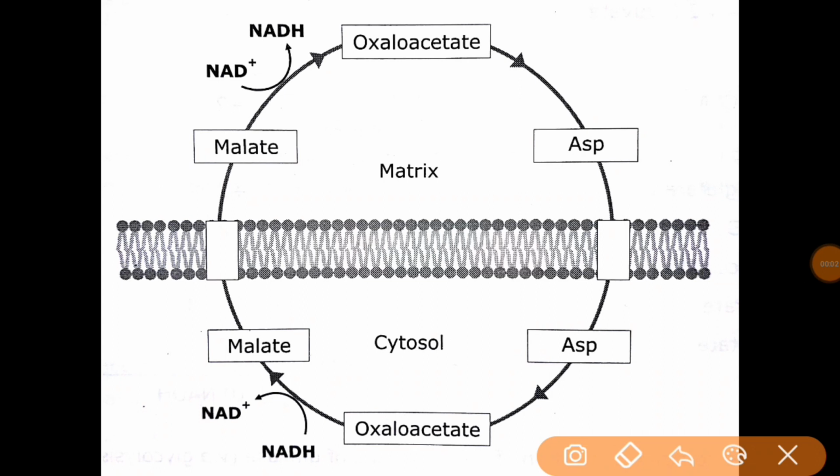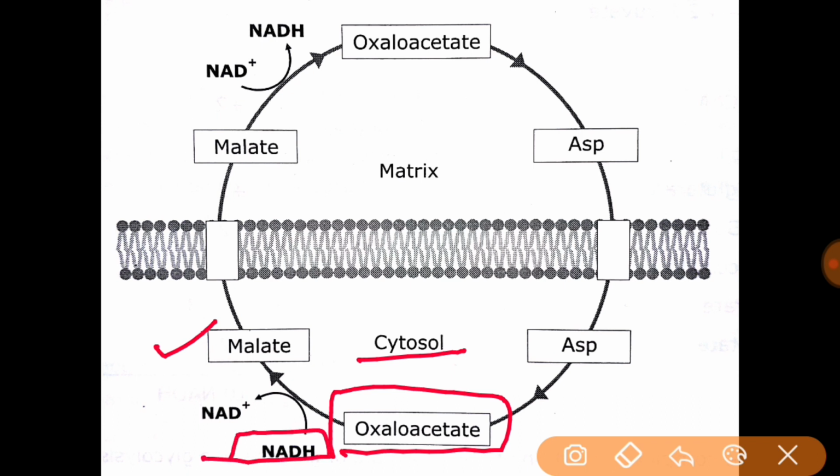So in the case of the malate aspartate shuttle, the oxaloacetate that is present in the cytoplasm gets converted into malate, and in this process the NADH donates its electron to the malate.